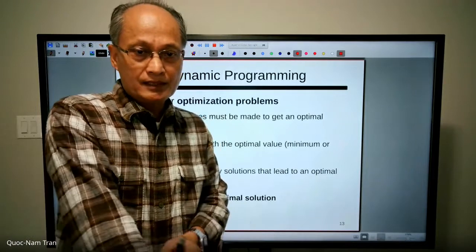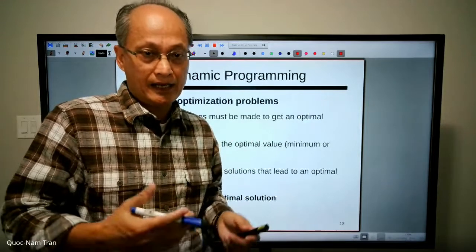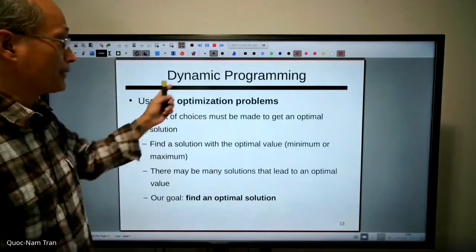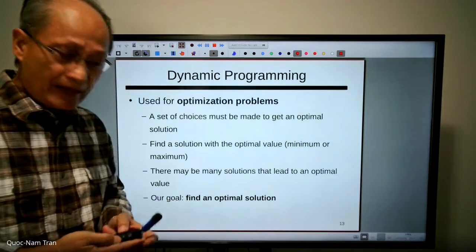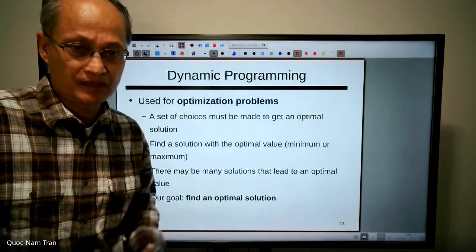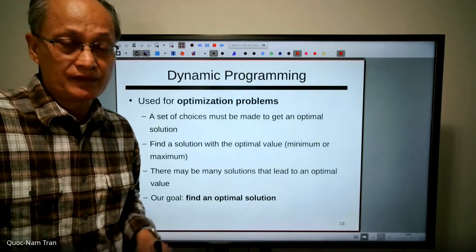Now let's learn the next topic that I introduced last time, which is dynamic programming. Last time I used one example, the Fibonacci number.